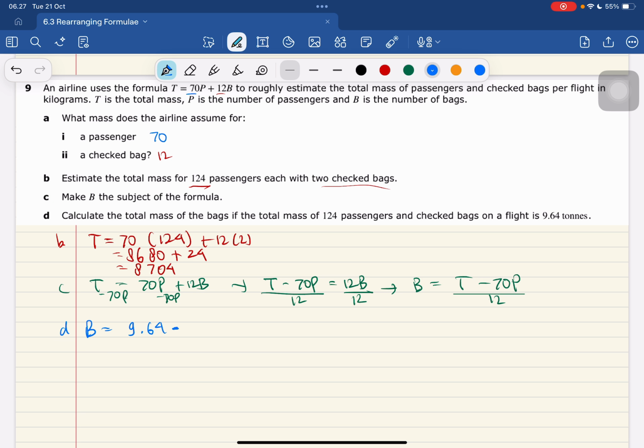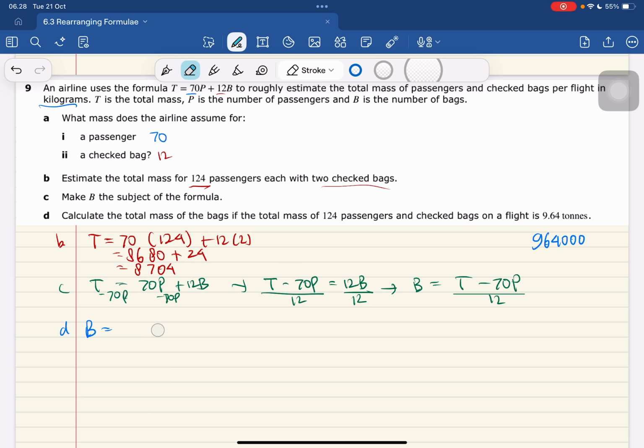So what is 9.64 tons in kilograms? We need to multiply it by 1000. Remember, the answer should be in kilograms.